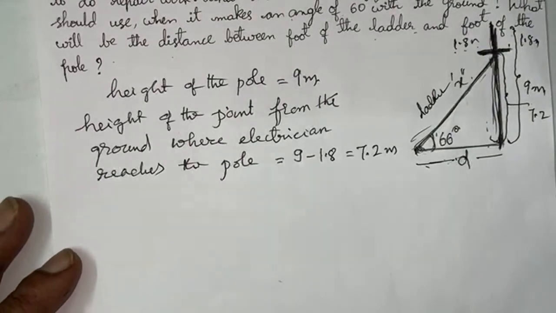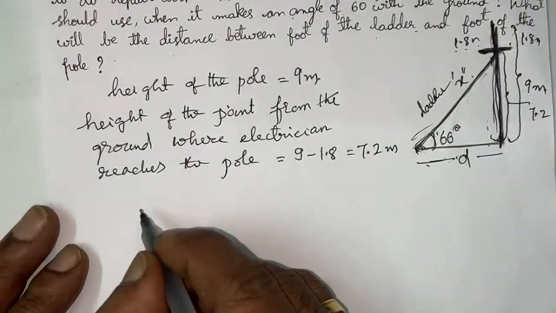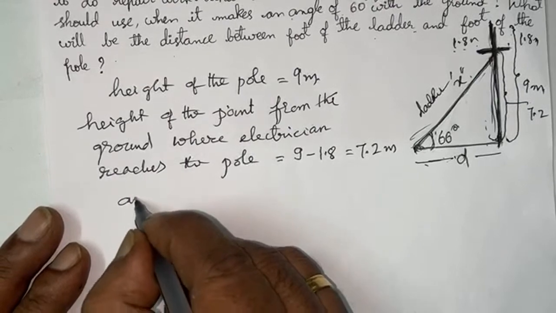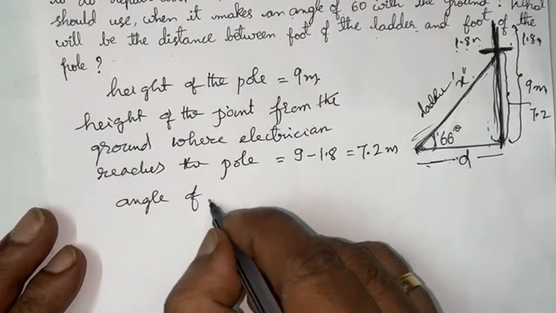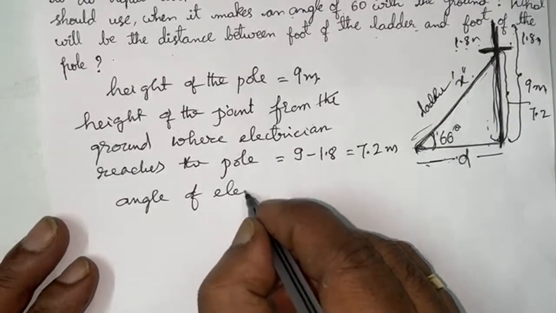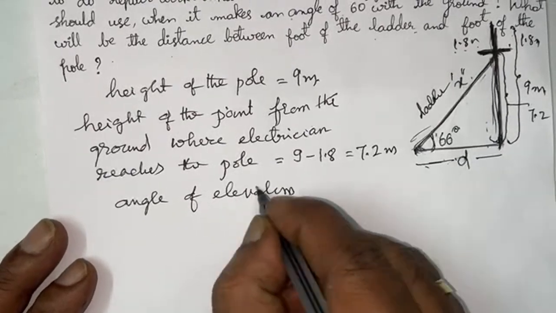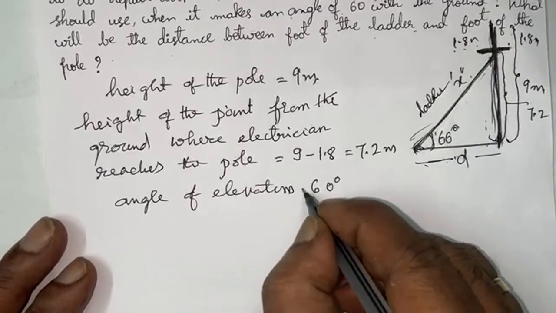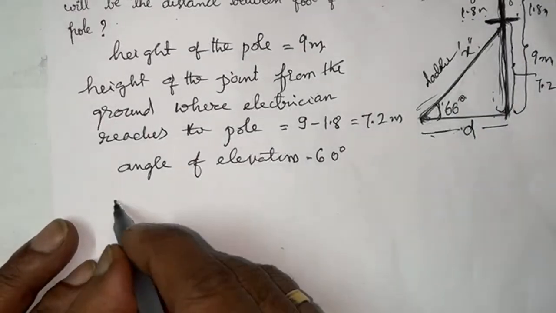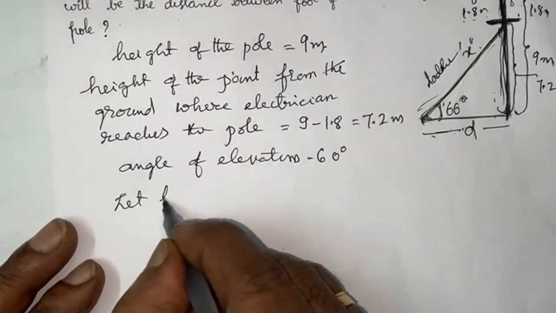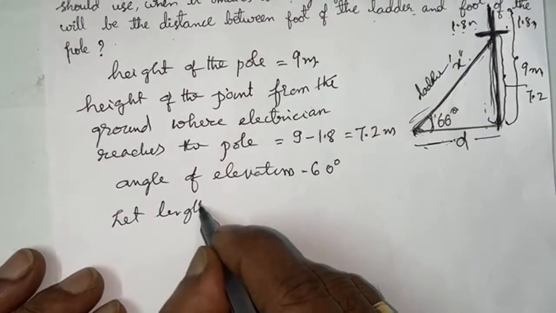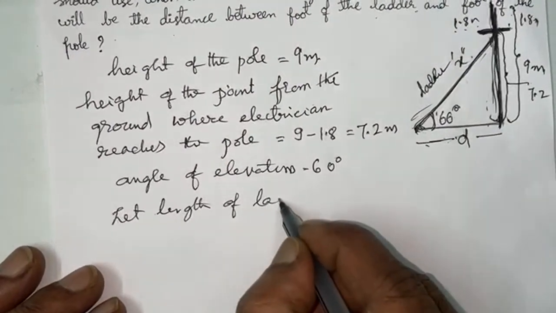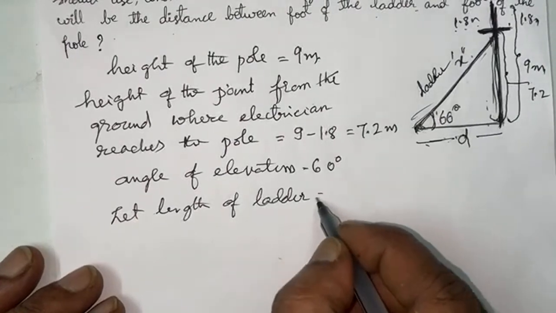So now, the angle the ladder is making means the angle of elevation. Angle of elevation is equal to 60 degrees. Next, let the length of the ladder be x.